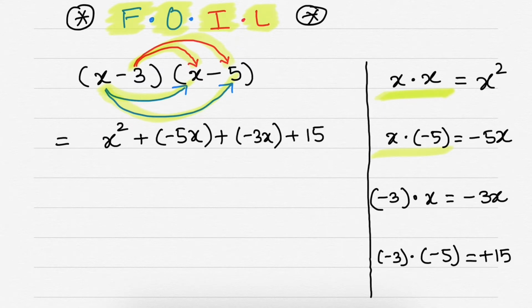Now here, as you see, when positive and negative signs come together they will turn into negative. Similarly, the same operation will happen here, and we'll get x square. And positive and negative will turn into negative. We'll get -5x. Then here positive and negative will turn into negative. We'll get -3x plus 15.